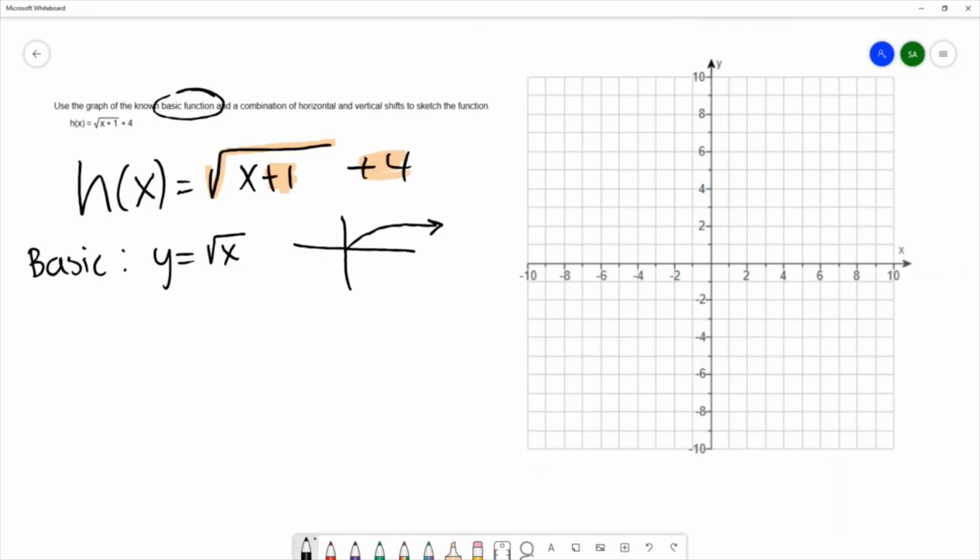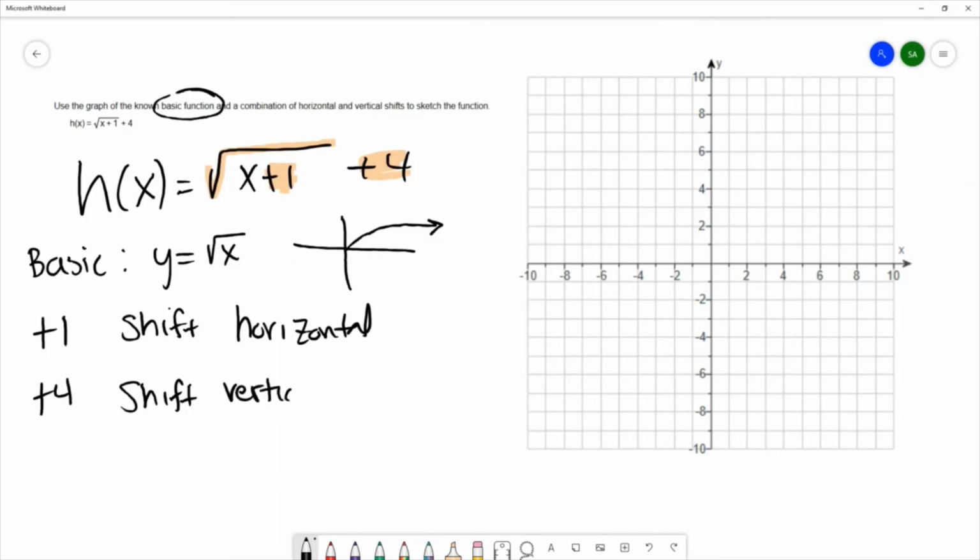The plus 1 and plus 4 are both transformations. Because they're adding and subtracting, I know that those are shifts. The plus 1 is inside the radical, so that is a horizontal shift. And the plus 4 is outside of the radical, so that's a vertical shift.